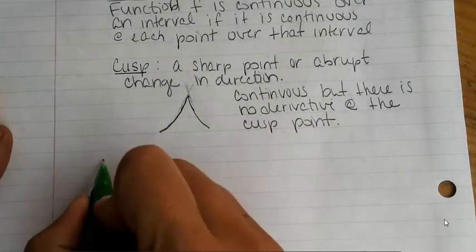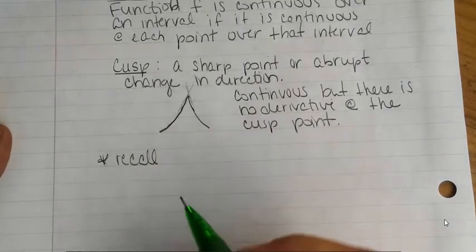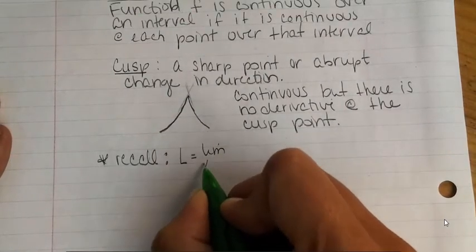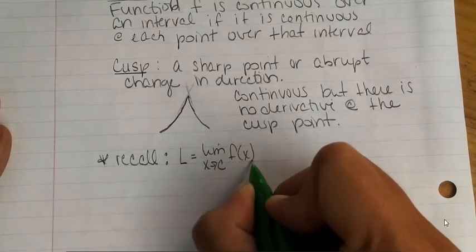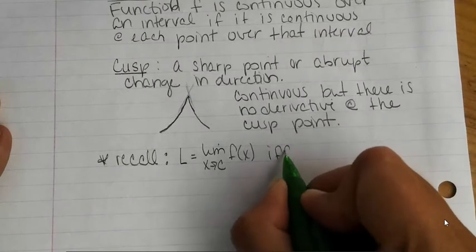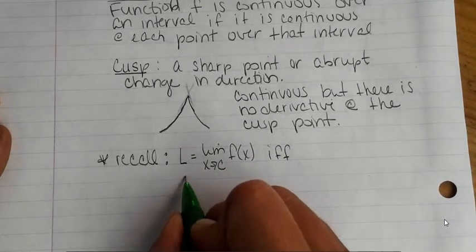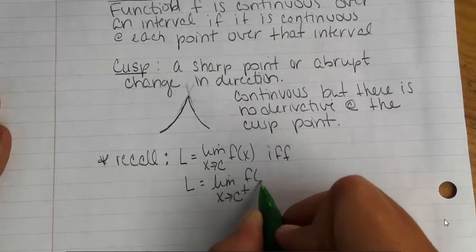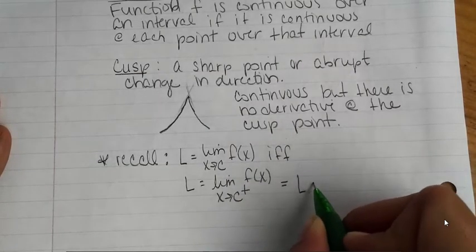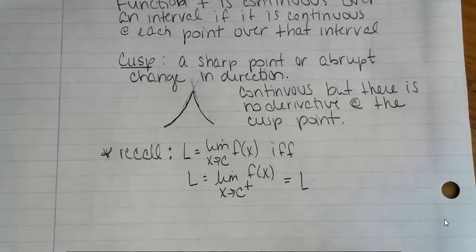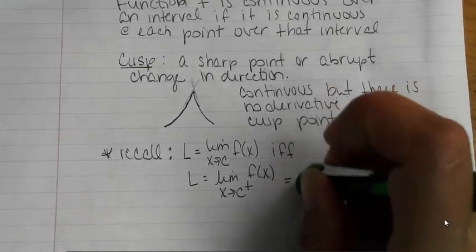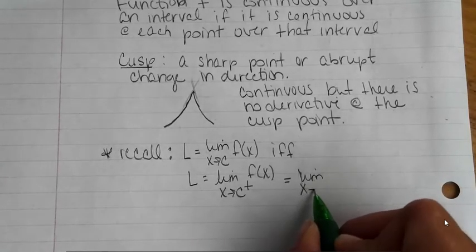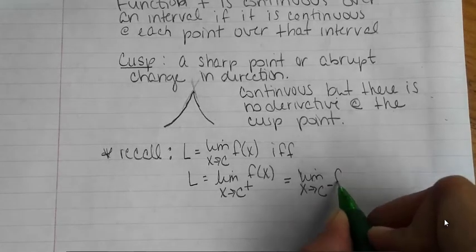And let's just recall that L, which is the limit, as x goes to c of some function, only exists if and only if the limit as x approaches c from the right of that function is equal to the limit as x goes to c from the left of that same function.